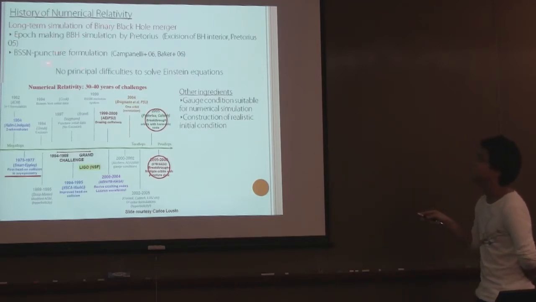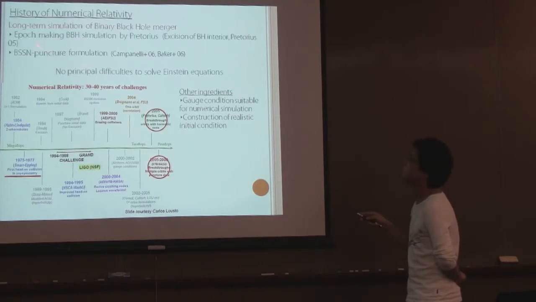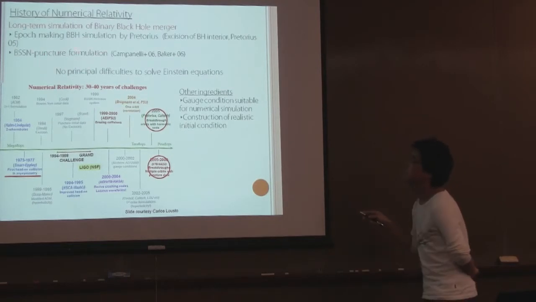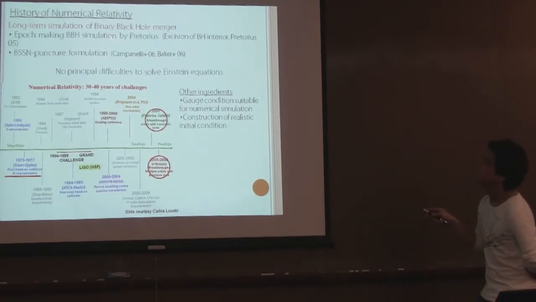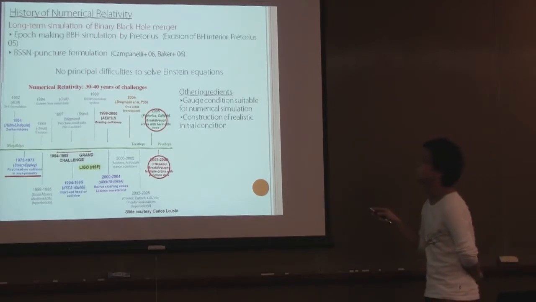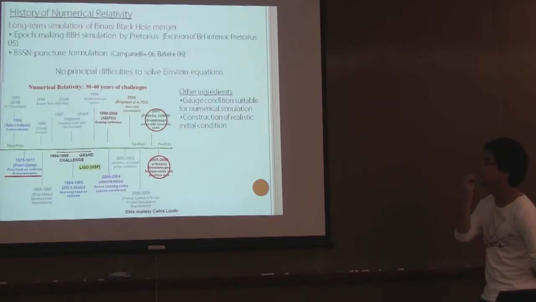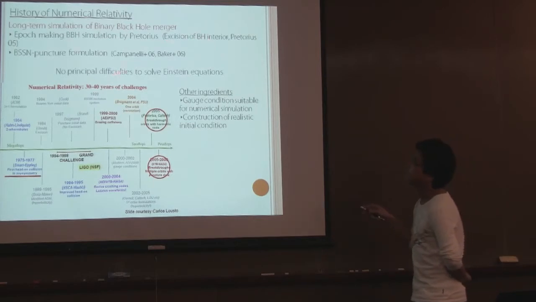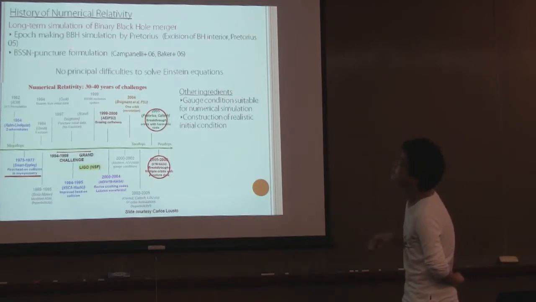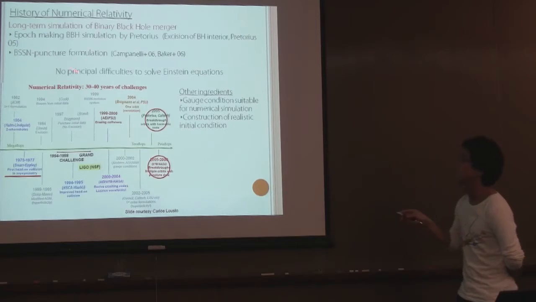In 2005, there were two breakthroughs. One was done by Frans Pretorius, and the other was done by two independent research groups. The former implemented an excision technique inside a black hole, and the latter is based on the BSSN formulation.